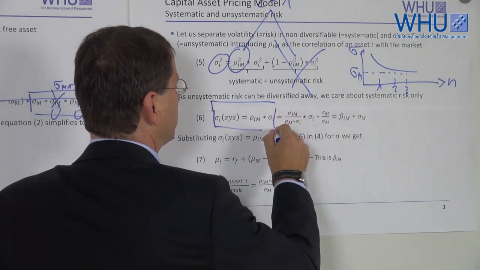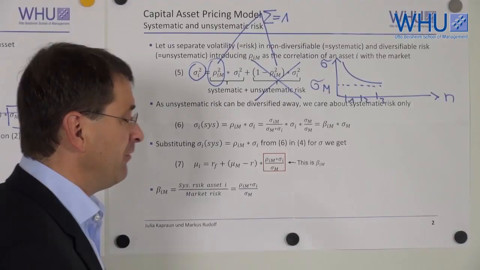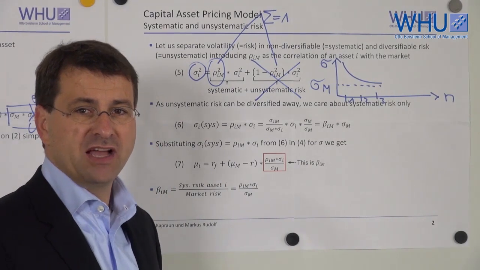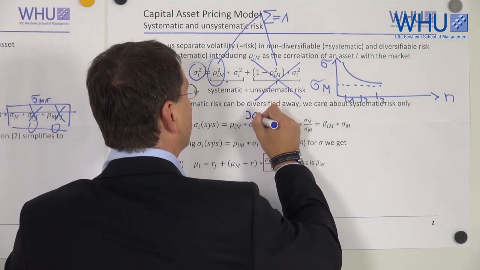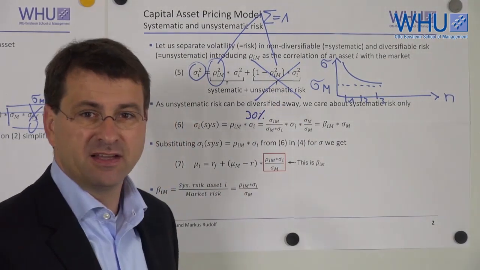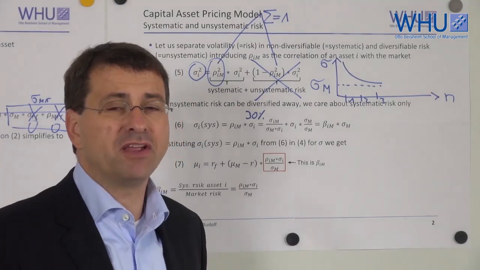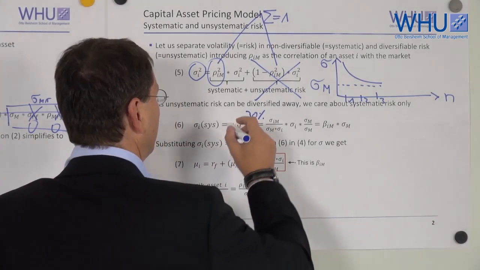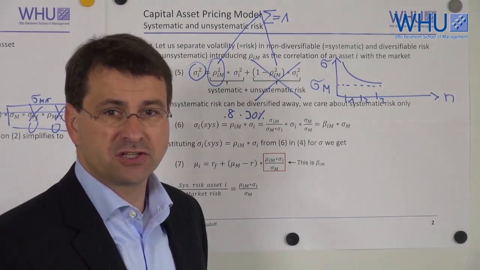And the systematic risk component is rho IM times sigma I. If we have an asset which has a volatility of 30%, let's assume we have a 30% volatility of the asset, and let's assume that this asset is correlated by 0.8 with the market portfolio. So in other words, 0.8 is the correlation coefficient.